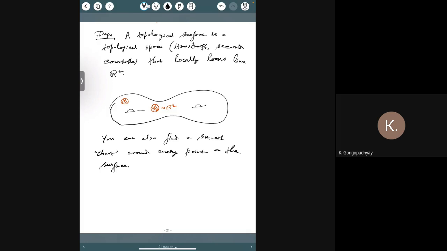Classification of surfaces. So the theorem is a very classical classification theorem.